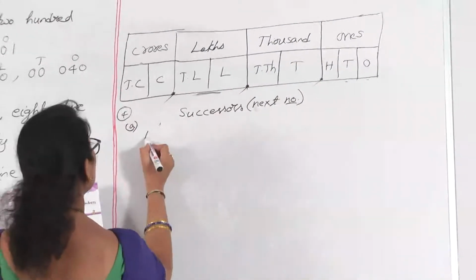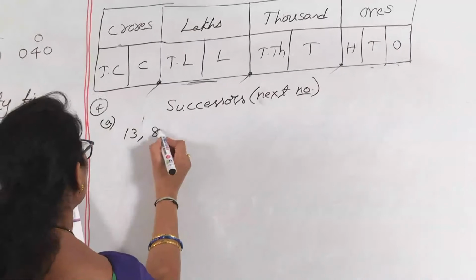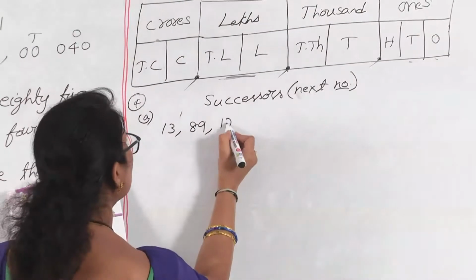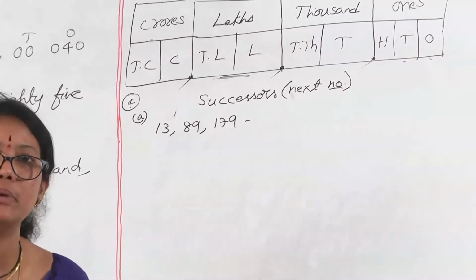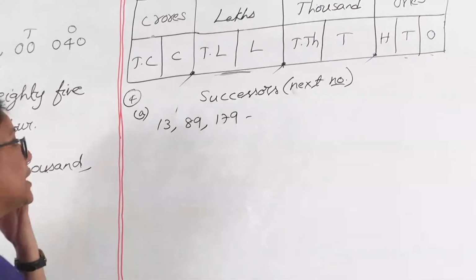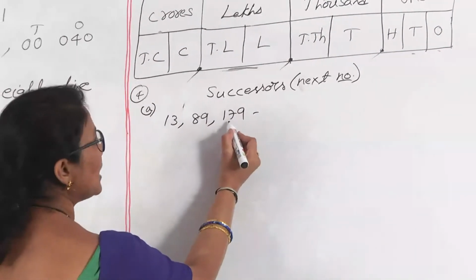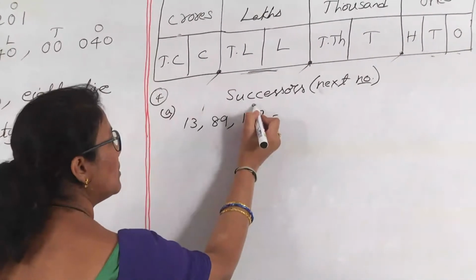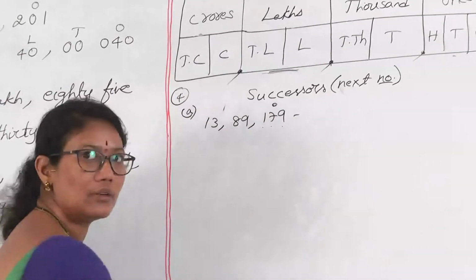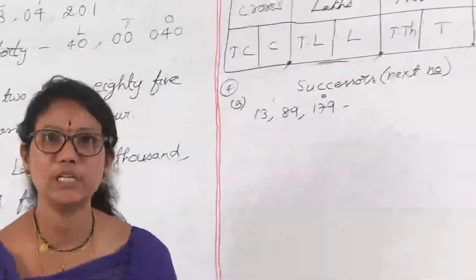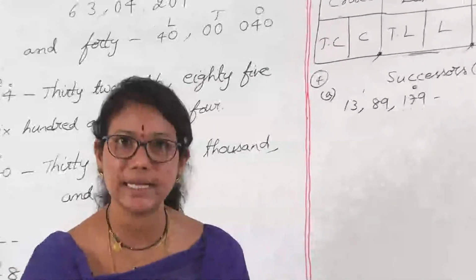It is given as 13,89,179. Now, how to find out the successor of this given number? Check out ones period. Under ones period it is 179, right children? Can you say what is the next number of 179?